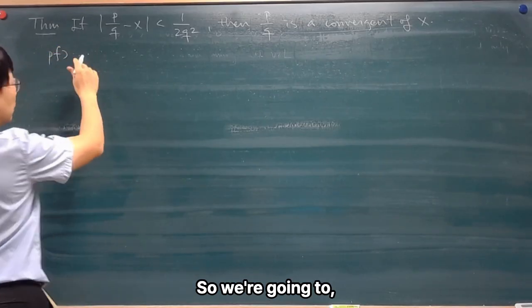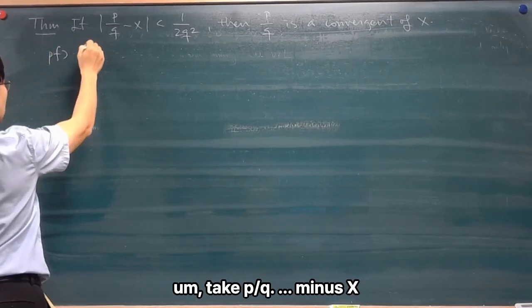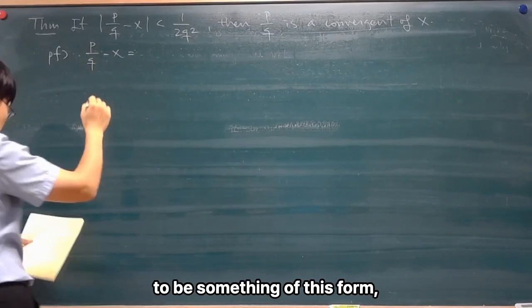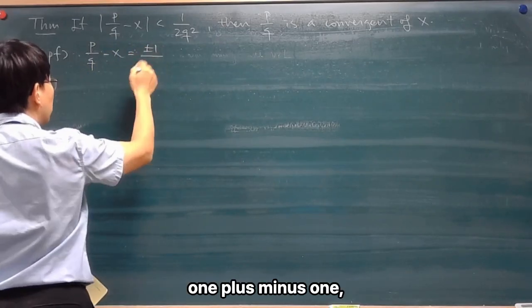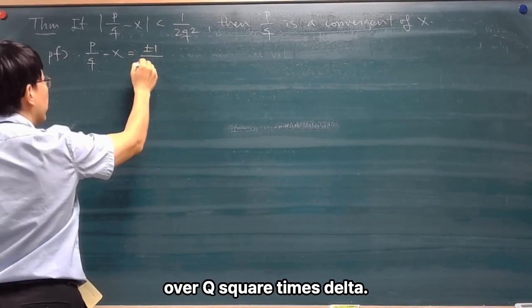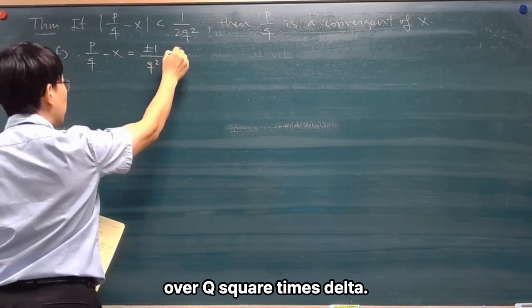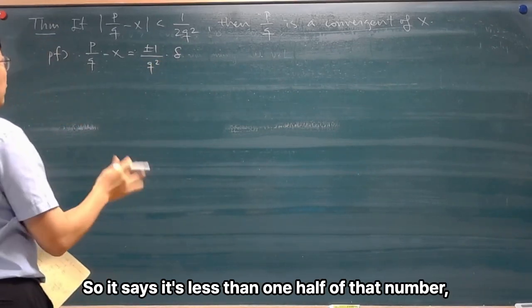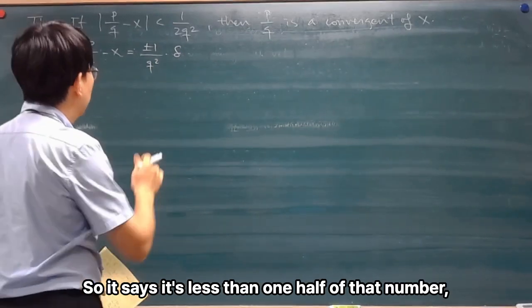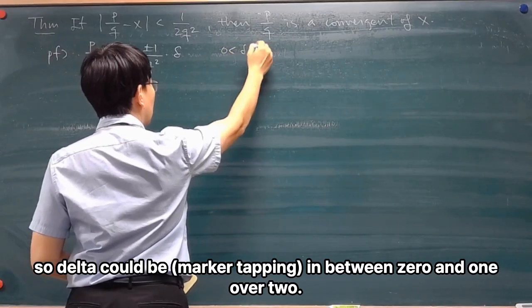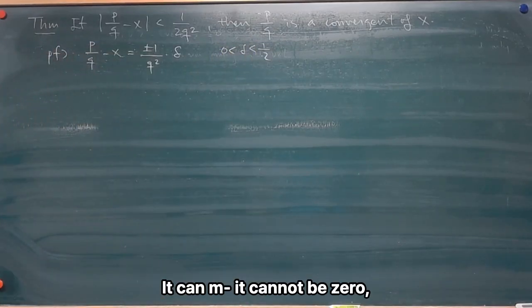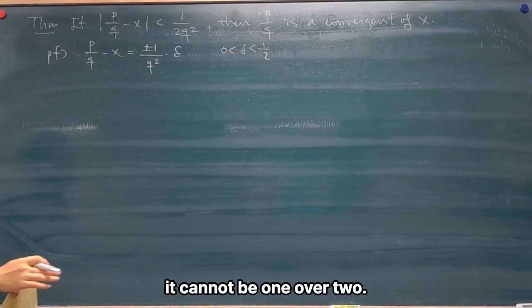So we're going to take P over Q minus x to be something of this form, plus or minus 1, because it could be negative, over Q squared times delta. So it says it's less than 1/2 of that number, so delta could be in between 0 and 1 over 2. It cannot be 0, it cannot be 1 over 2.